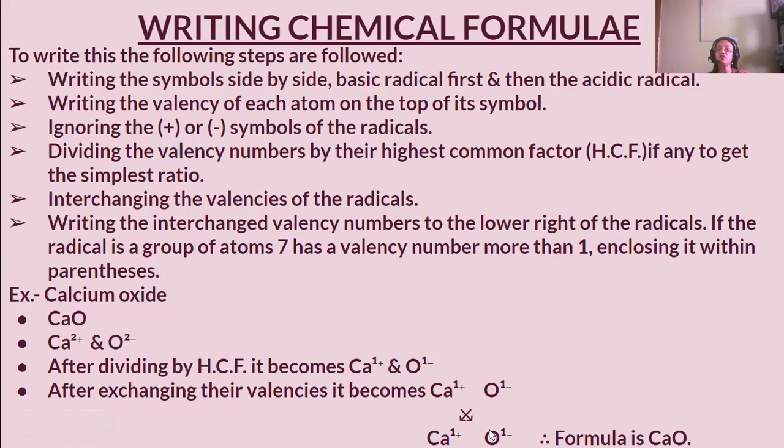Interchanging the valencies, calcium gets the valency of O, 1, and O gets the valency of Ca, 1. So after interchanging, we get the formula as CaO. Write the interchanged valency numbers at the lower right of the radical. If the radical is a group of atoms with a valency number more than 1, enclose it within parentheses.